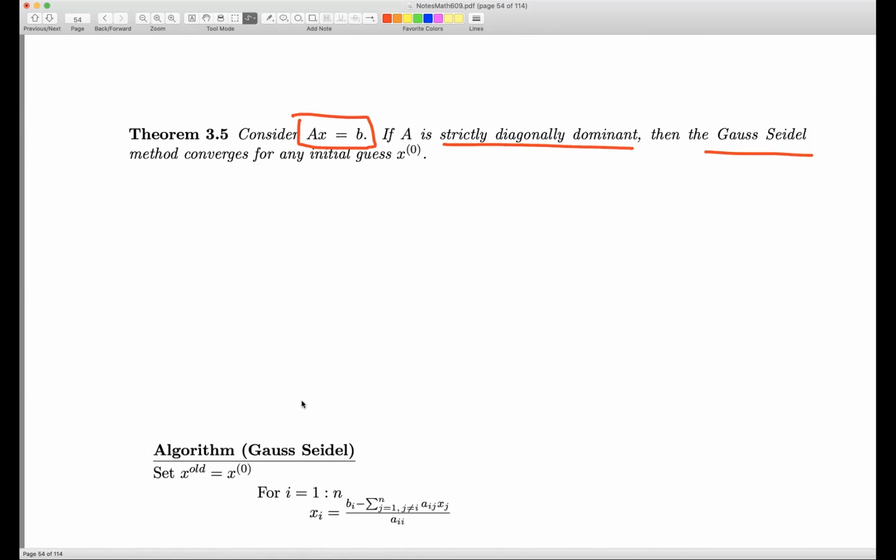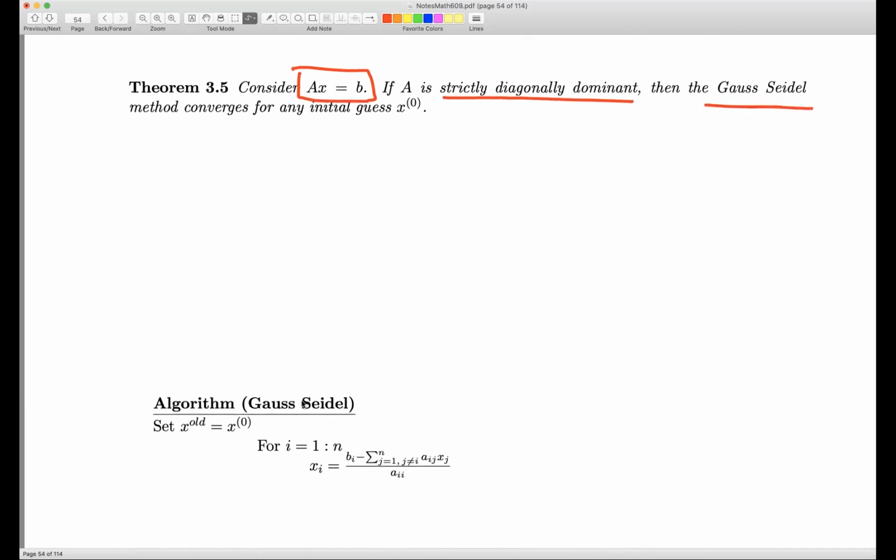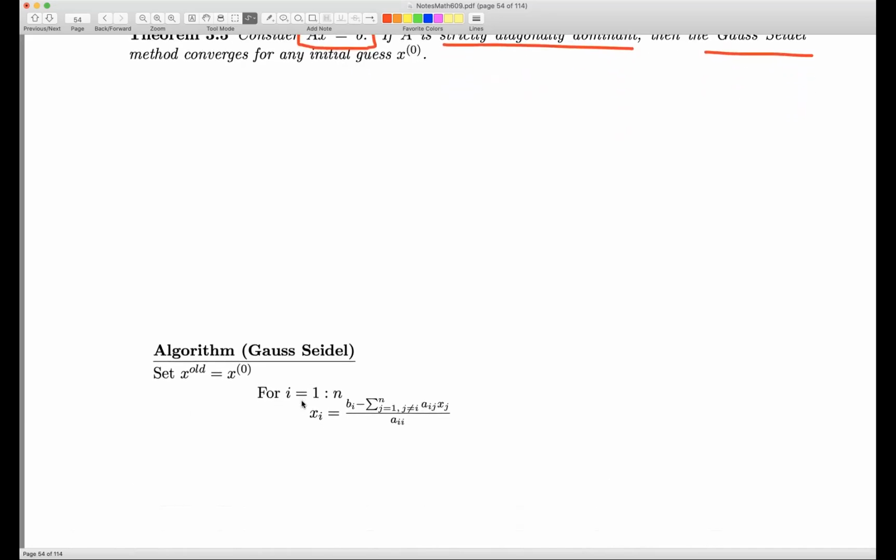And how would the algorithm for Gauss-Seidel work? As I mentioned before, we do not have here two one-dimensional arrays that store two consecutive approximations to x. We'll have only one. We'll just have x equal to x0.